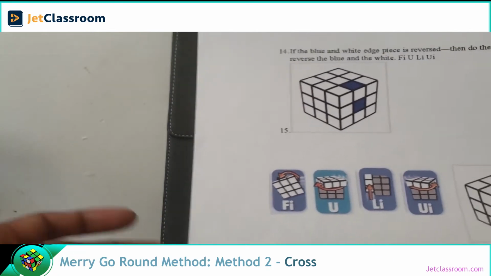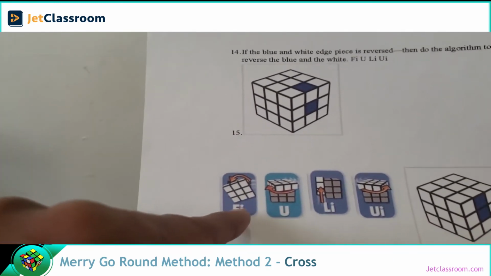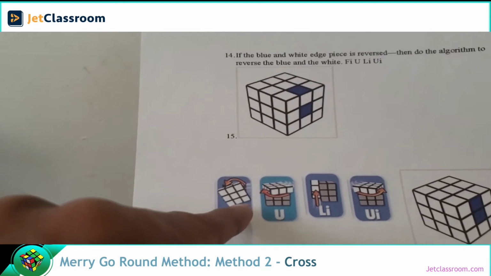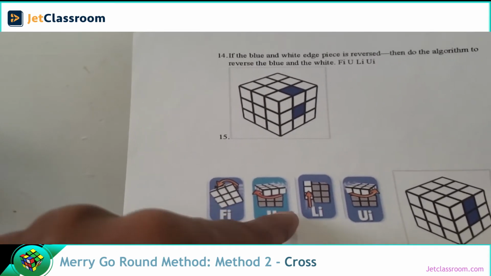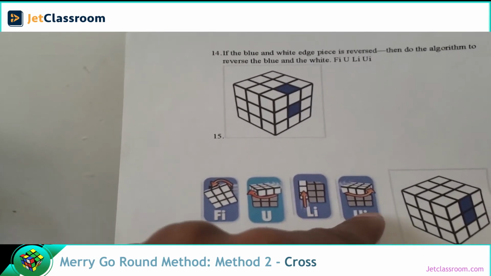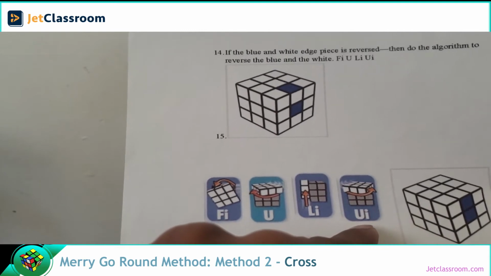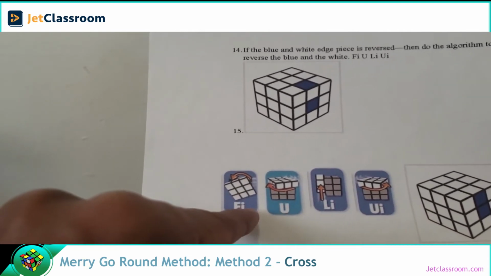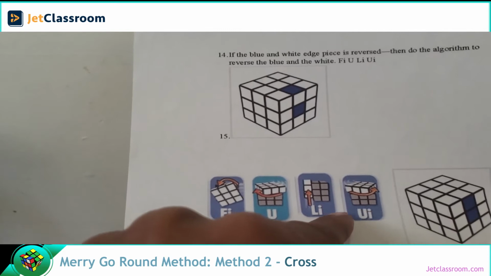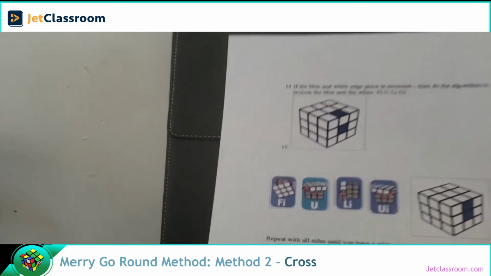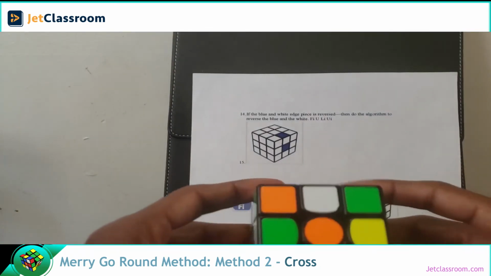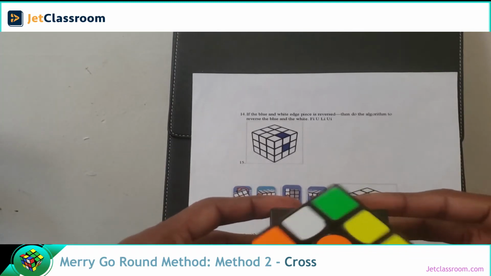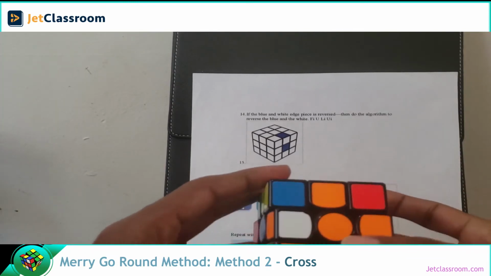So what I'm going to do, I'm going to take my algorithm and I'm going to run Fo, U, Lo, Yo. All right, those are the turns I'm going to make. Fo, U, Lo, Yo. All right, so I see that, and I'm going to run Fo, U, Lo, Yo.